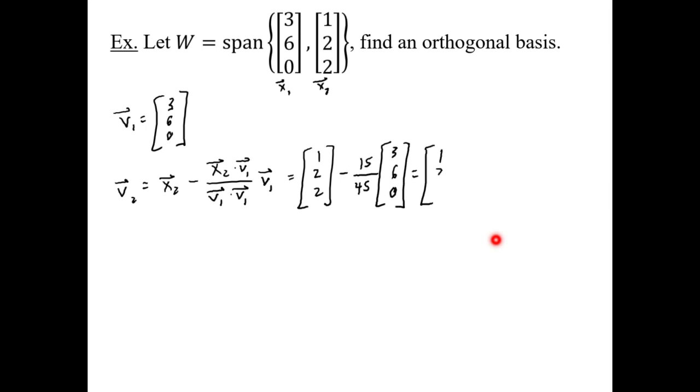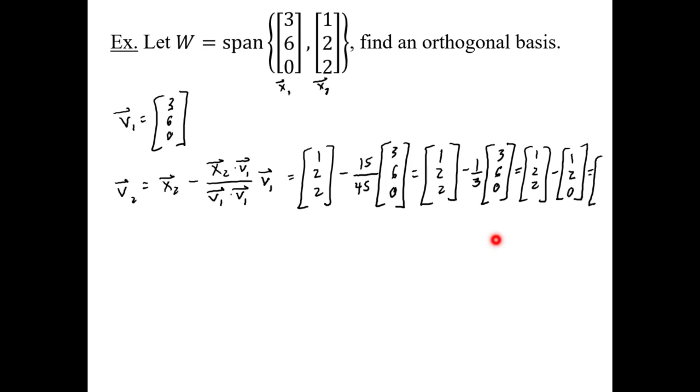So I'm getting 1, 2, 2 minus 1/3 times 3, 6, 0. So I'm getting 1, 2, 2 minus 1, 2, 0, which gives me my answer of 0, 0, 2.